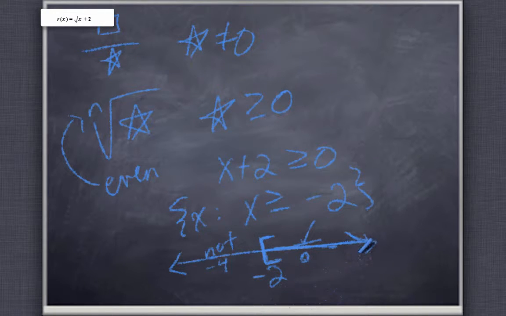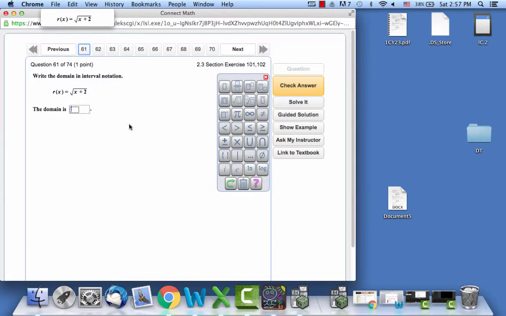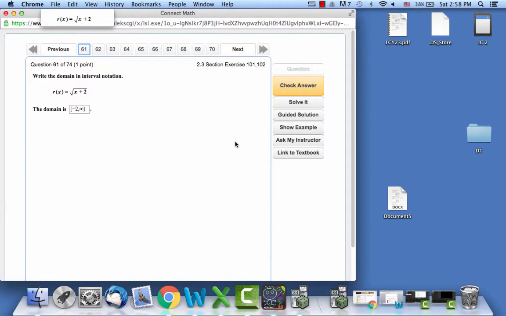We go this way. So negative 2 and going off to infinity. And that's how to write it in interval notation. You never put a closed bracket on infinity because it's not a number, so you can't include it.